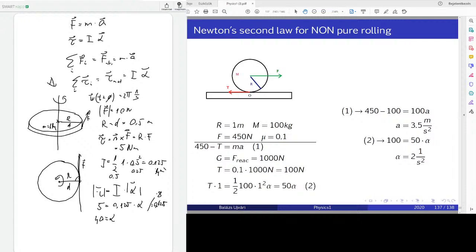For rotation, we don't only use the force, but also this perpendicular distance between the axis of the rotation and the line of action. From that we can calculate the torque, and the torque will be the action that will change the energy.